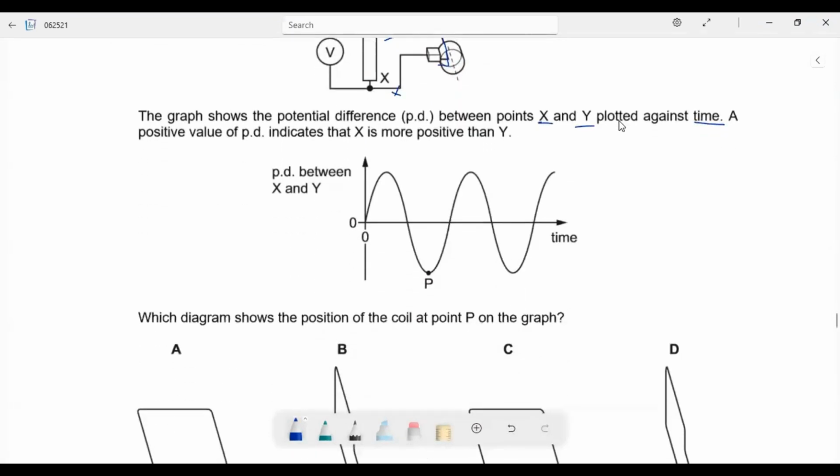A positive value of potential difference indicates X is more positive than Y. So the diagram is there. Which diagram shows the position of coil at point P on the graph? So this is positive, that is X is more positive, the point will be this one, and Y is more positive means the point will be P.